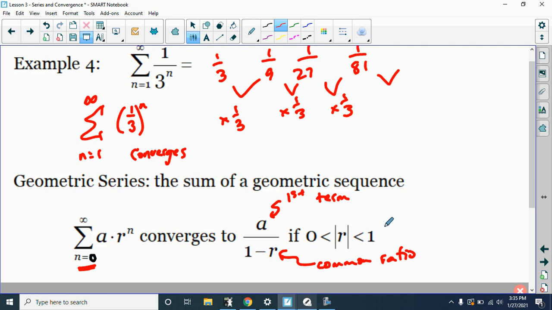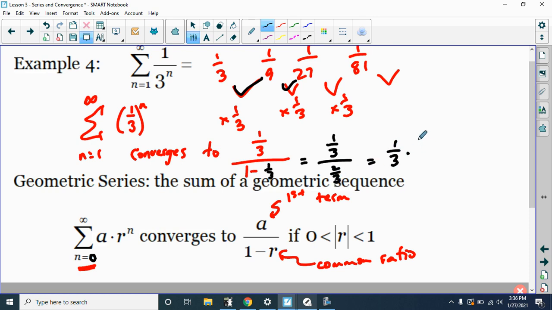To find what it converges to, we take the first term, so plug in 1, gives us 1/3, and divide by 1 minus the common ratio, which is also 1/3. So we get 1/3 divided by 2/3. 1/3 times the reciprocal. And notice we get 1/2, which is what we were getting before when we were messing around with the calculator.